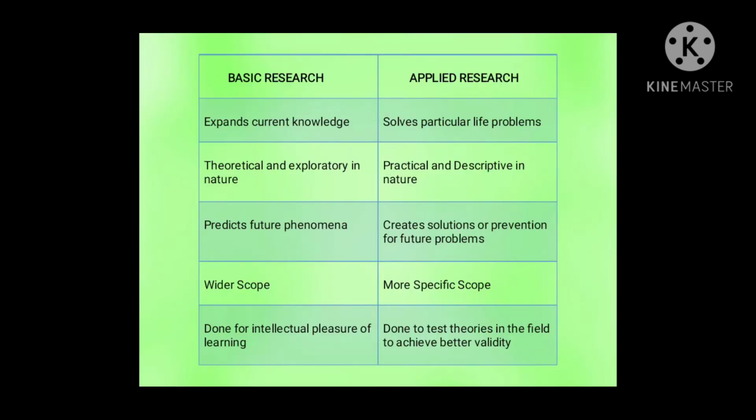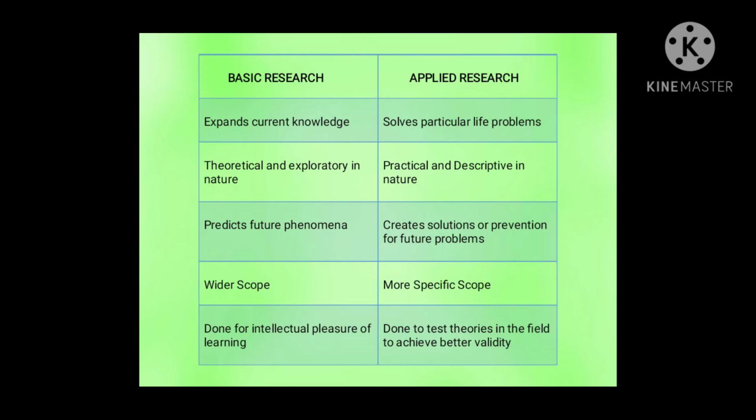So let's differentiate the two major types of research in order for us to understand their differences and real concepts. Basic research expands current knowledge, while applied research solves particular life problems. Basic research is theoretical and exploratory in nature, while applied research is practical and descriptive in nature.